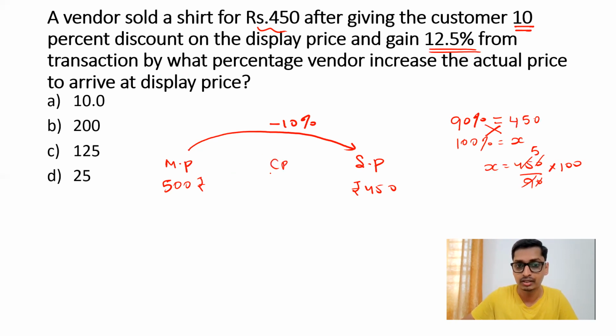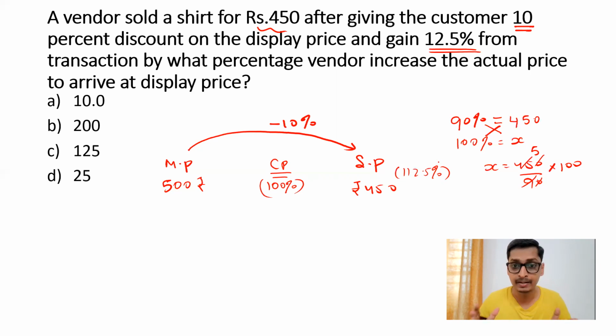Your cost price will always be 100%. From that 100%, you are getting 12.5% extra, right? If you keep the cost price as 100%, your selling price will be 112.5%, because you are gaining 12.5% extra profit in the transaction. Profit or loss always occurs from the cost price only.